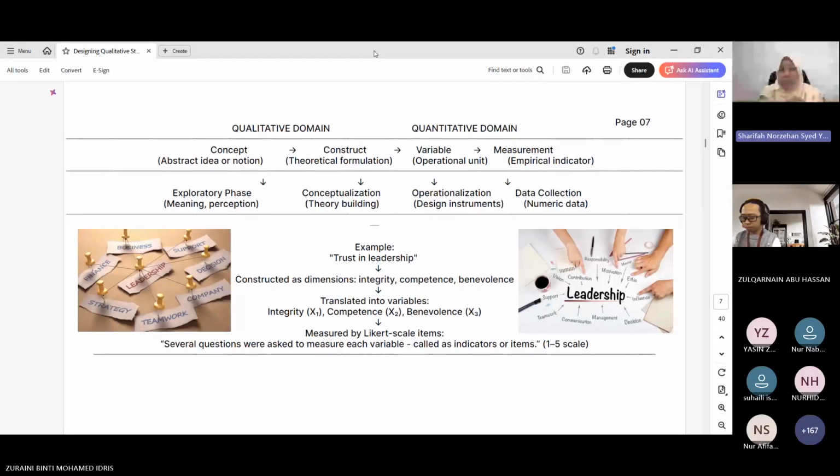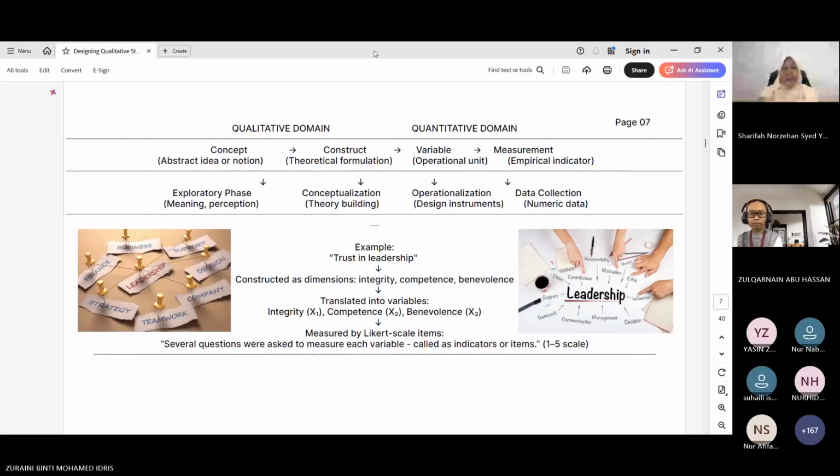Once it becomes a stronger concept, it is easier for you to get some theory to actually support your conceptualization. And once you start doing your research in detail, then you may come up with some themes. Like, for example, in this trust in leadership, they found 3 dimensions, which are integrity, competence, and benevolence. So I stopped there because I don't have any intention to test it.